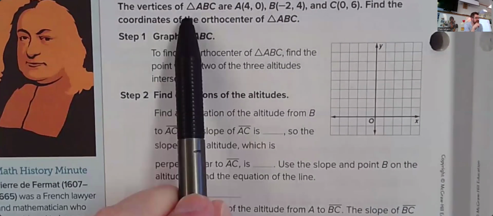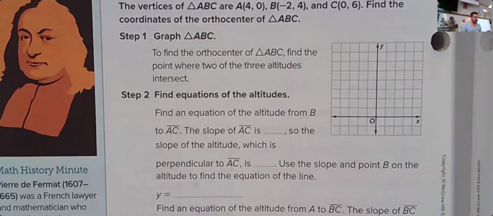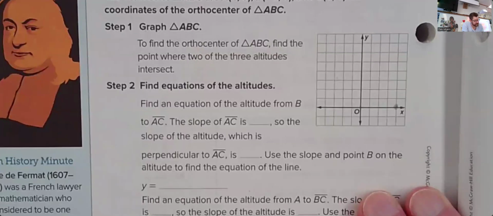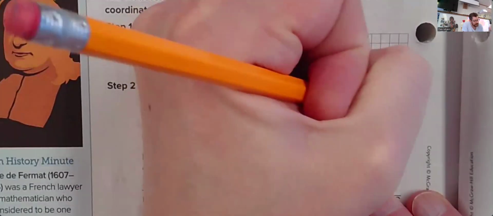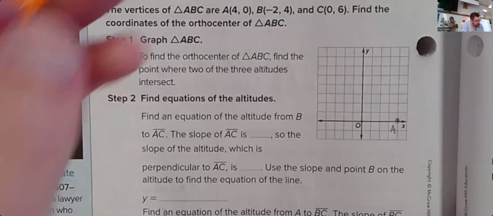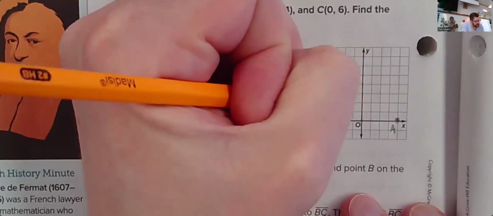So the vertices of triangle ABC are at point A, 4, 0. So let's get that point on there. 1, 2, 3, 4 zeros right there. That's point A. We put an A right underneath it. Point B is at -2, 4. That'll be left 2 and up 4.